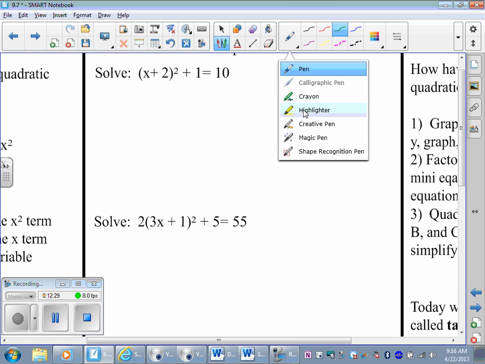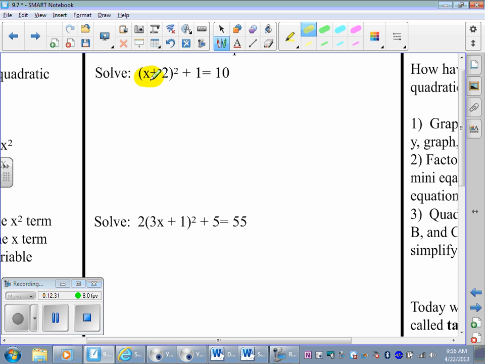Now what I need to do is get x plus 2 squared alone. I need to get that whole thing alone. Well, how do I get that alone? I just have to move the positive 1 to the other side. So if I do that, I'm going to get x plus 2, that quantity squared, equals 9.